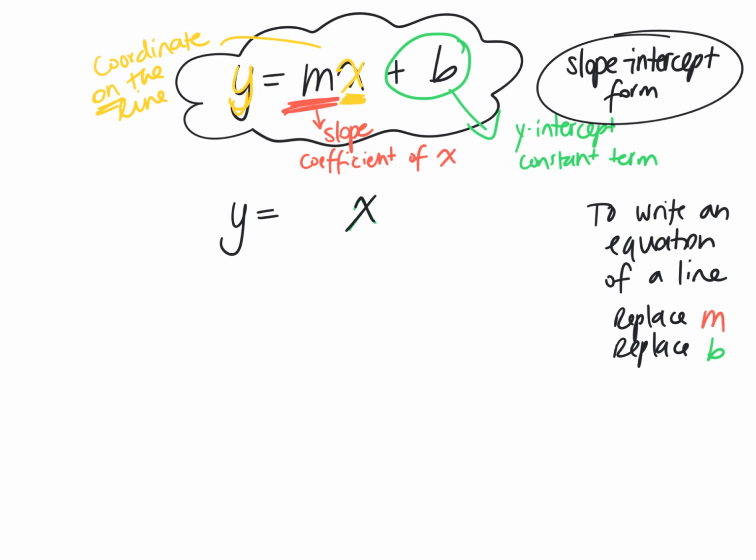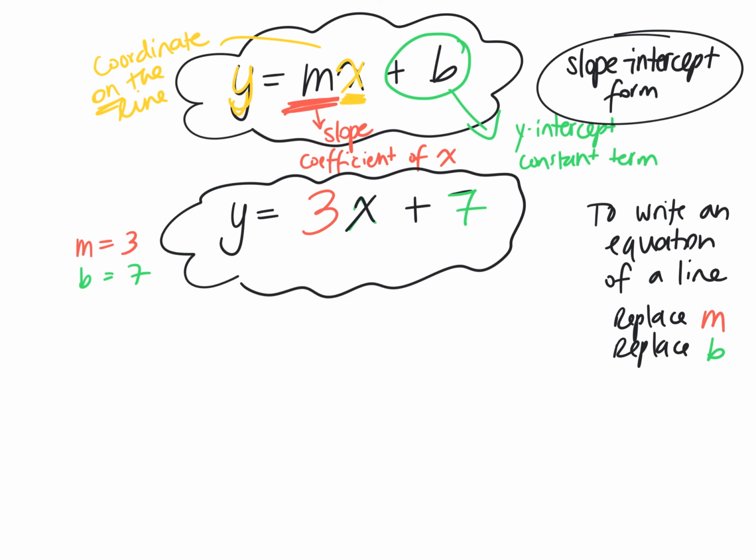We leave the y and the x, and we just replace the m. So do you remember what our slope was? Let's go back to the question. Y equals 3, because our m was 3, and our b was 7, and it was positive, so it would be plus 7. That's it. That's the equation of that line. Y equals 3x plus 7, and that's it.